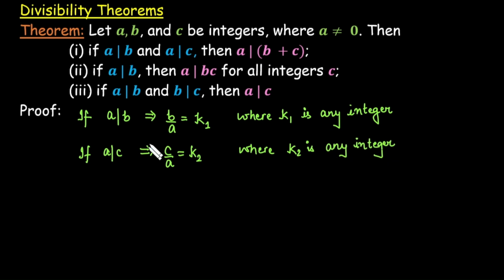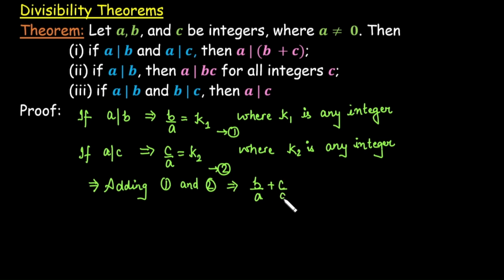Now we can add these two. Adding 1 and 2, we have B by A plus C by A equal to K1 plus K2.